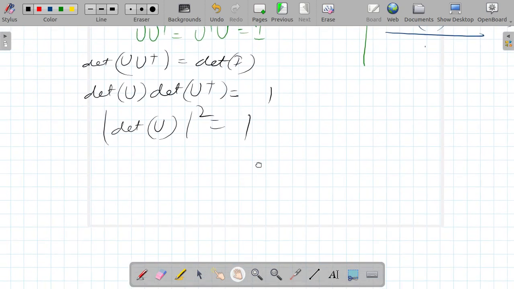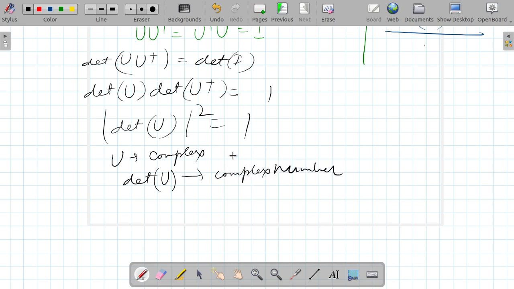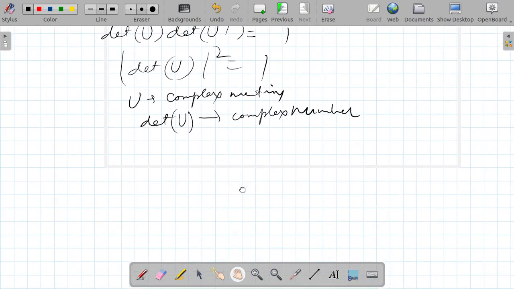Now U is a complex matrix, so its determinant may be a complex number. It is a matrix and its determinant will be a complex number. So the mod square of determinant of U is equal to 1.